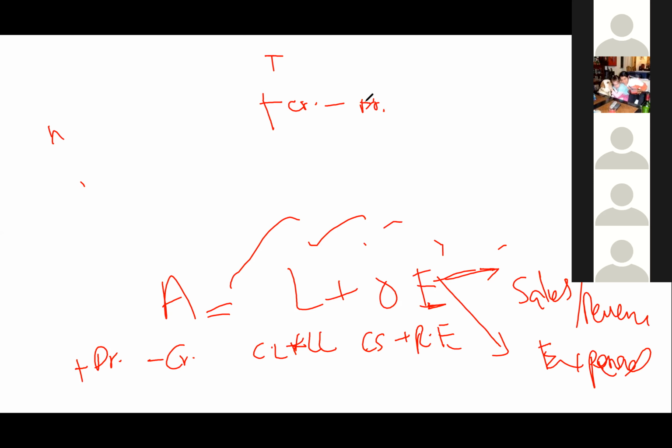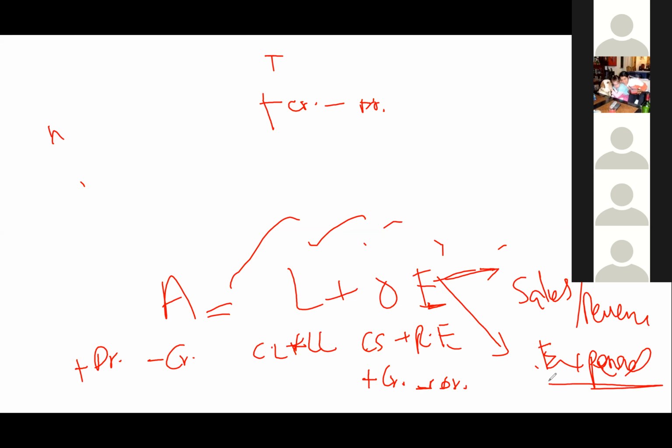Similarly with owner's equity, if owner's equity increases, it's credit. If it decreases, it's debit.